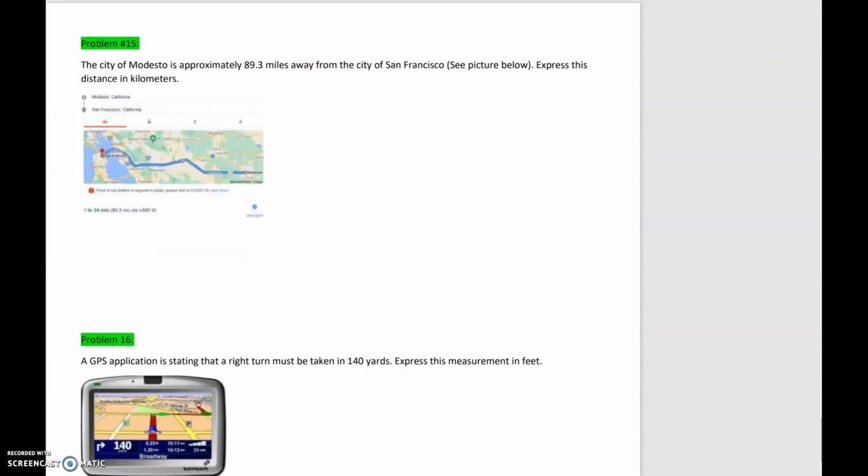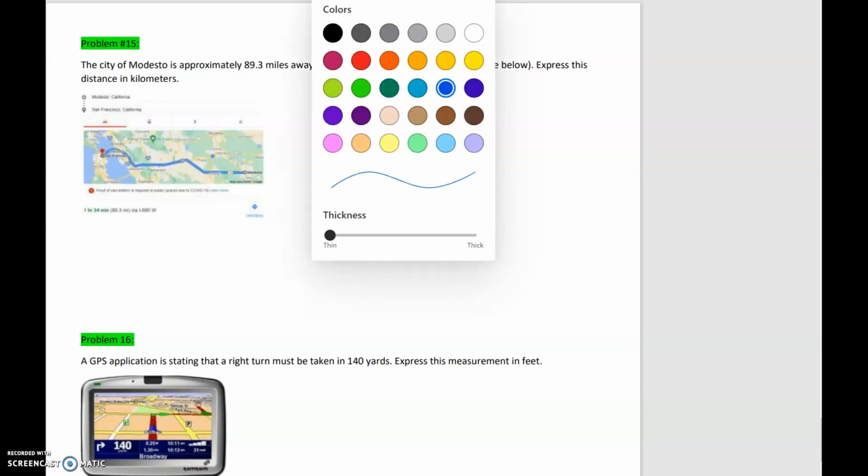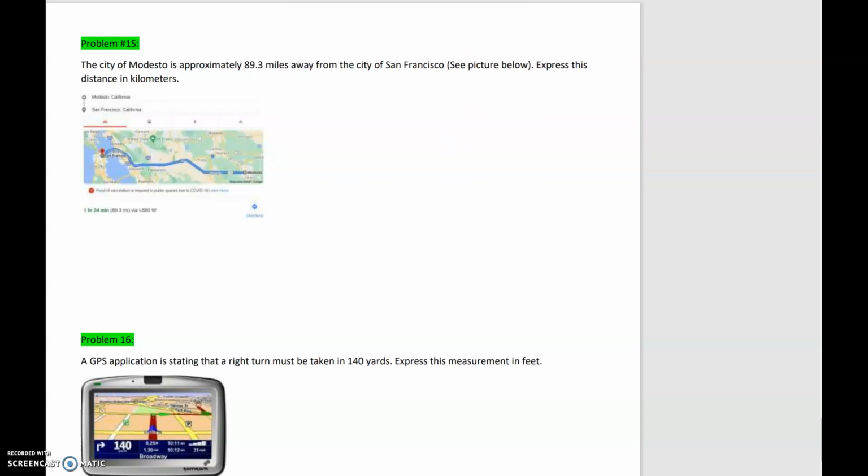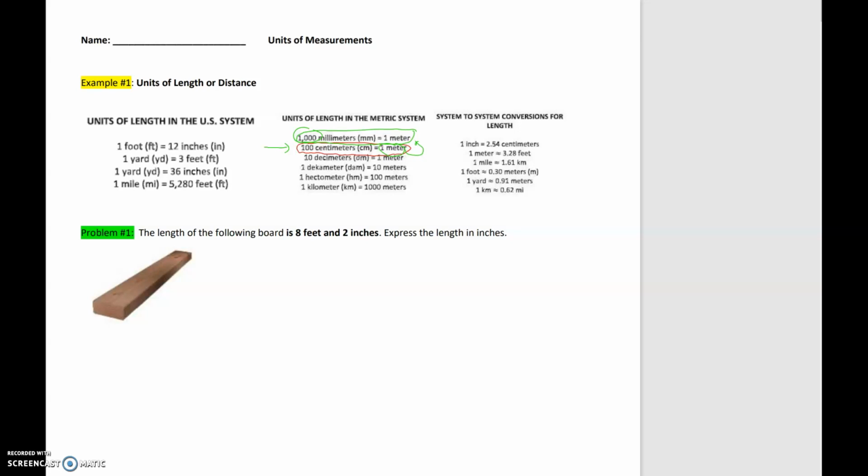Let's take a second and move on to problem 15. And in problem 15, take a second and read it. The main question that they're asking is the distance in kilometers. So we're going to look at 89.3 miles. And let me go back to the actual conversion. In this case, there's 2 possible ones.